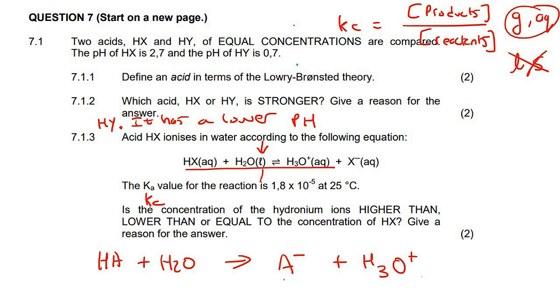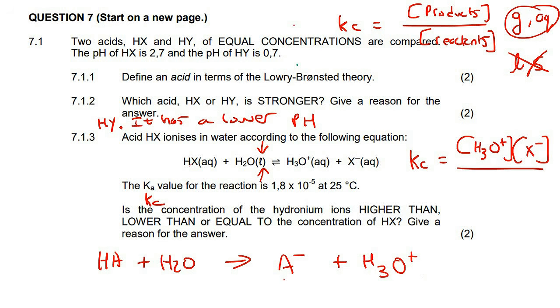So Kc is going to be your products, H3O plus and X minus, in square brackets, over your reactants. But remember, don't include liquids, so it's just going to be HX. That is what Kc is, but because it's an acid, we just change it to Ka. Now, they tell us that value is 1.8 times 10 to the negative 5.